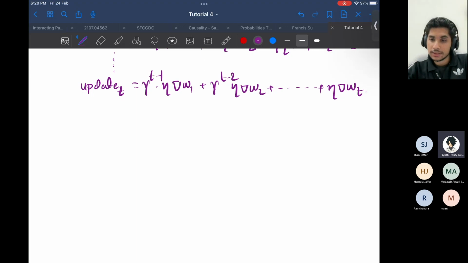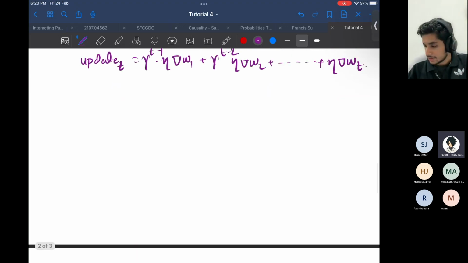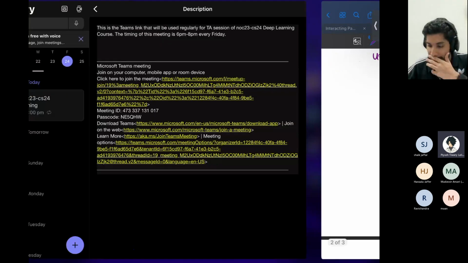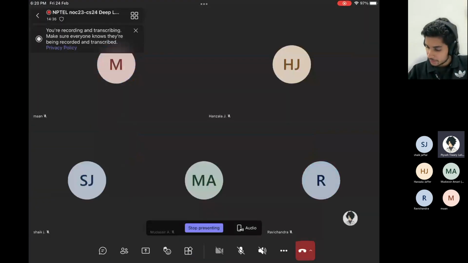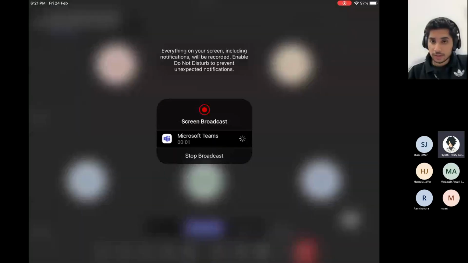someone is saying that my screen is not shared. Actually, my screen is shared. I can see my screen. However, let me stop presenting and then I will reshare it. So let me know if the screen is visible now.